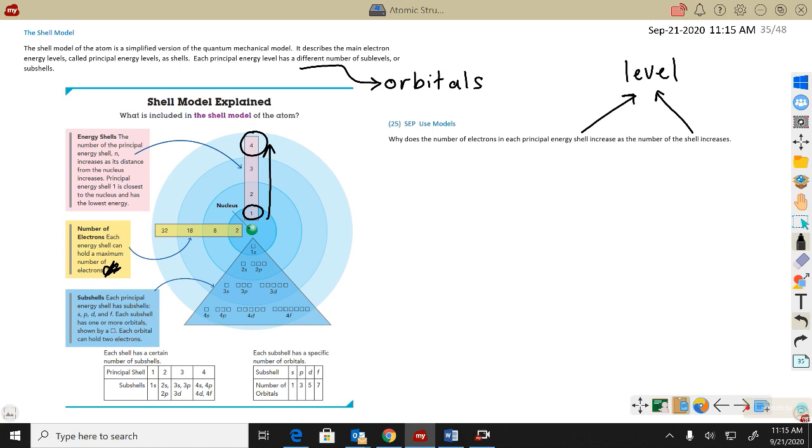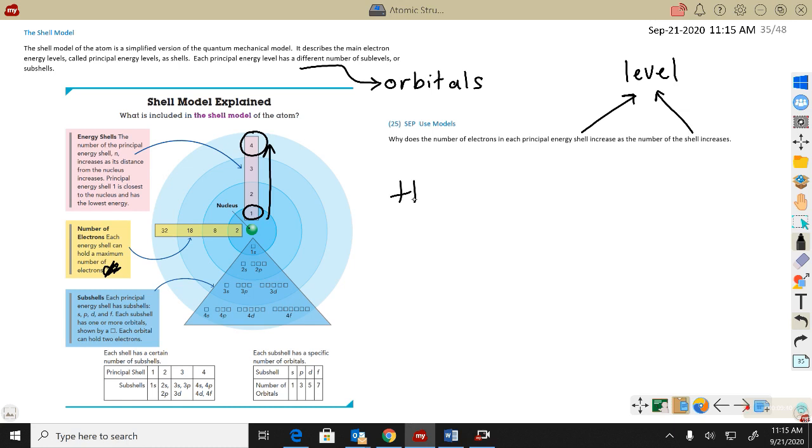You can call it a shell, I'll know what you mean. But they're basically asking us to look at this pink part of the model and the yellow part of the model. And so why, as I move further away from the nucleus, as the energy level increases, can the levels hold more and more electrons? And maybe you just kind of said, well, I don't know, because they're bigger? And if you did, you'd be right.